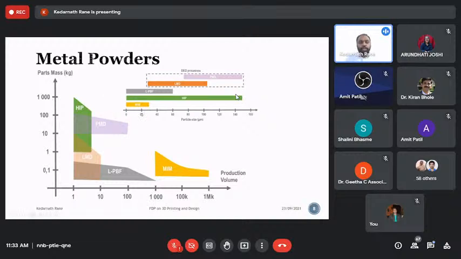But when it comes to metal injection molding, we are very specific about the powder particle size. Even though it says that around 30 micron size is possible, it is a range of powder. But I must recommend that 0 to 20 micron is the best powder particle size for metal injection molding and powder injection molding.